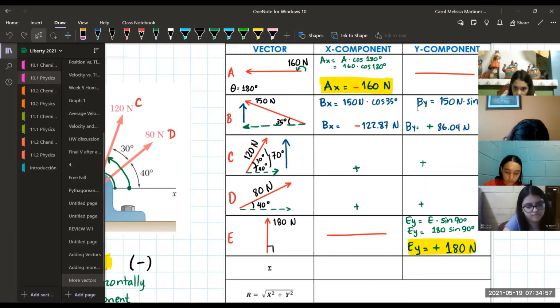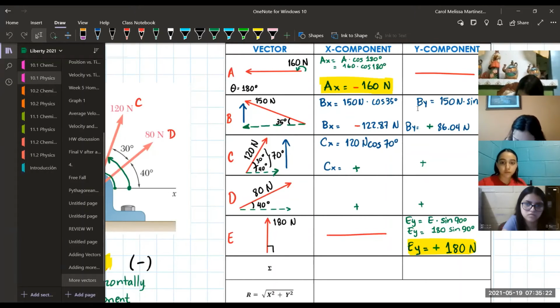Now, Cx. Cx is going to be cosine or sine? How is the angle? Adjacent. It is adjacent, so it's going to be cosine of 70, and it measures 120 Newton.